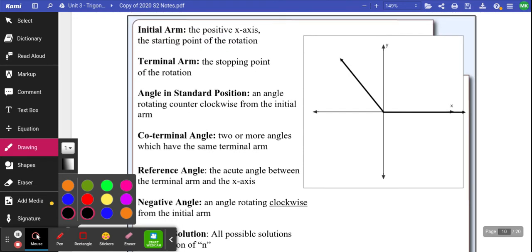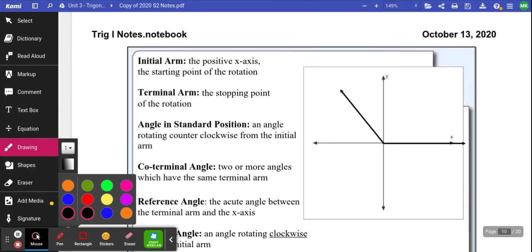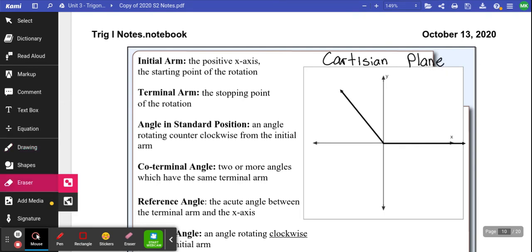There we go. Perfect. First things first, people see this word a lot and kind of get freaked out. Let's see if I can spell it right. Cartesian plane. It's an E, not an I, right?